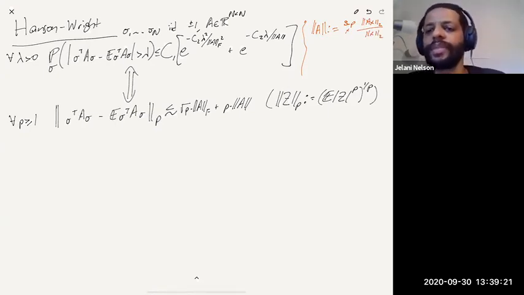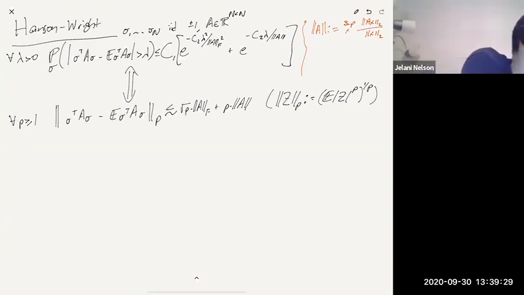Now, it turns out using linear algebra, there are other equivalent characterizations. You could also say it's the sup over all x, y of unit norm, all L2 norms, of x transpose Ay.